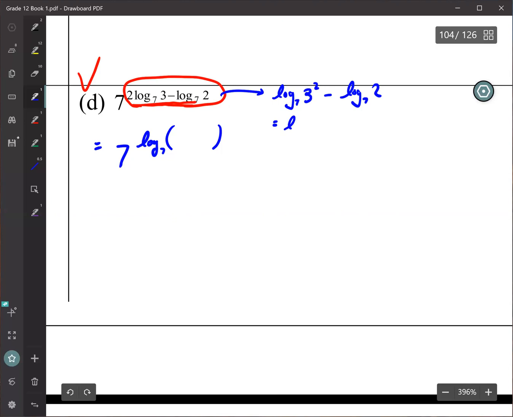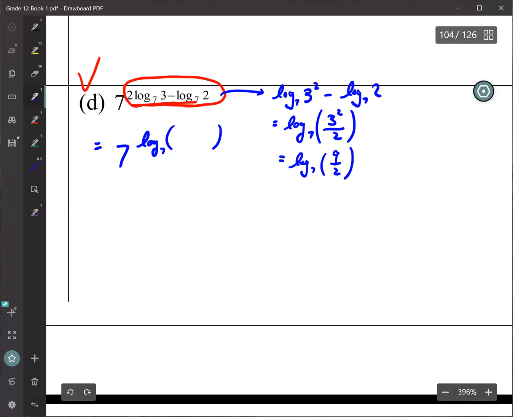Okay, how do we do that? Log base... what's the base? 7. Yeah. And then 3 squared over 2. And what's that? 9 over 2. Yeah. Log base 7 of 9 over 2.